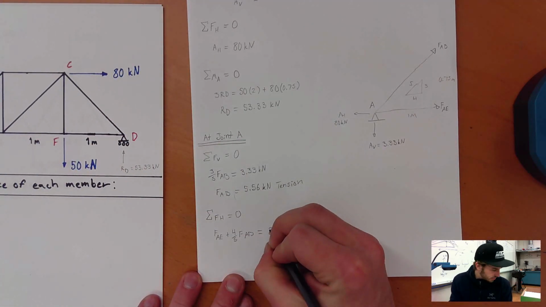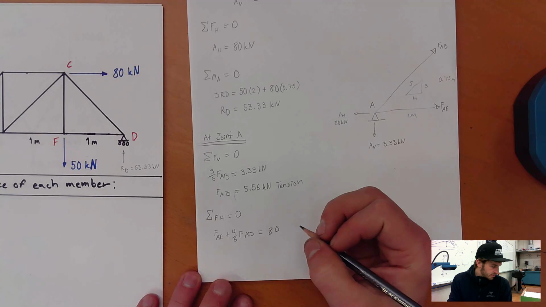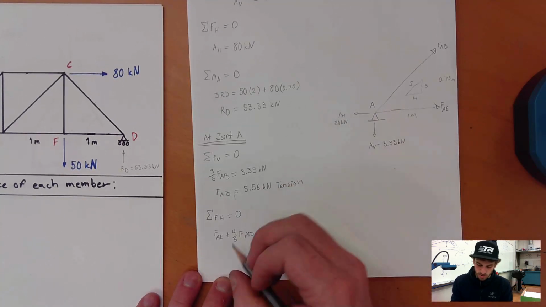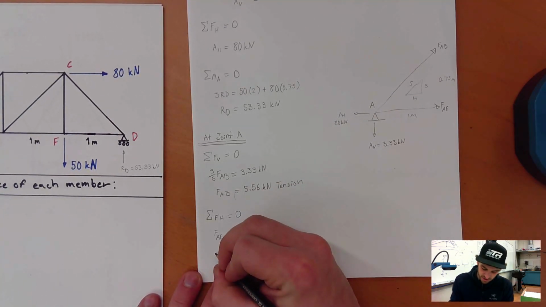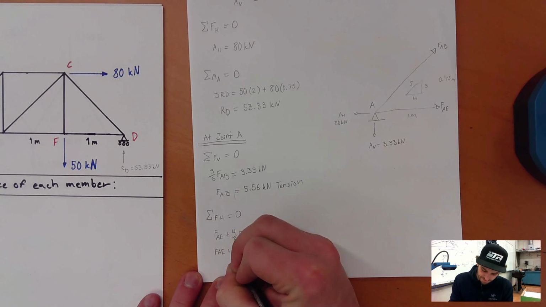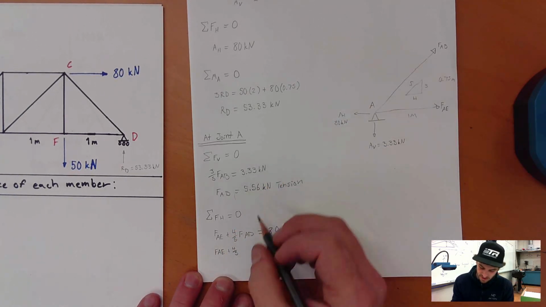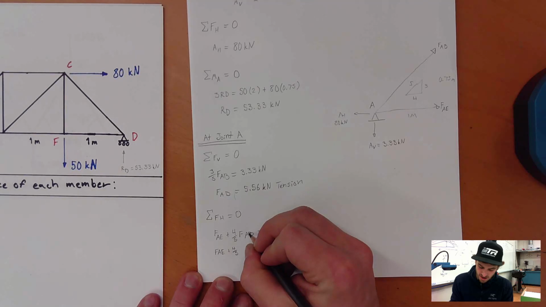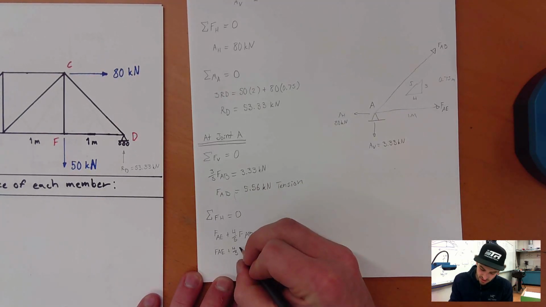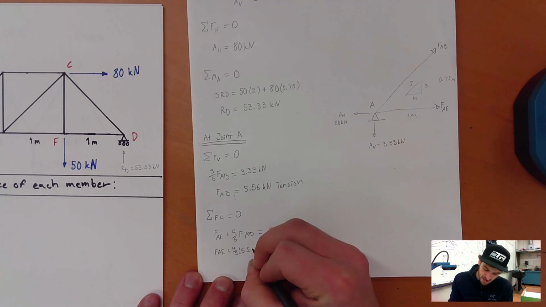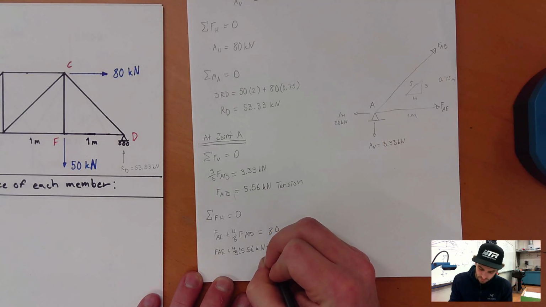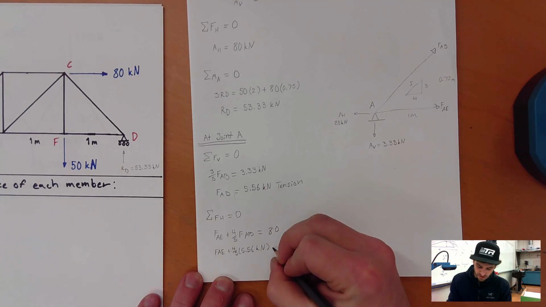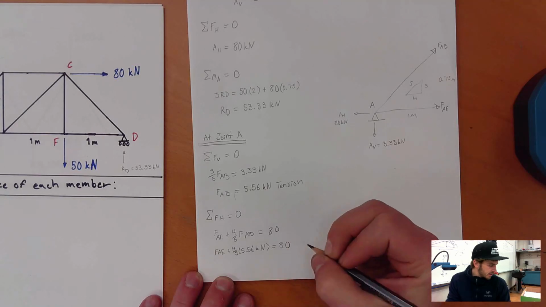So that's going to equal 80. So we know from the last one that if we've got FAE and we add 4/5 of FAB, and FAB is 5.56 kilonewtons, that's going to equal 80.